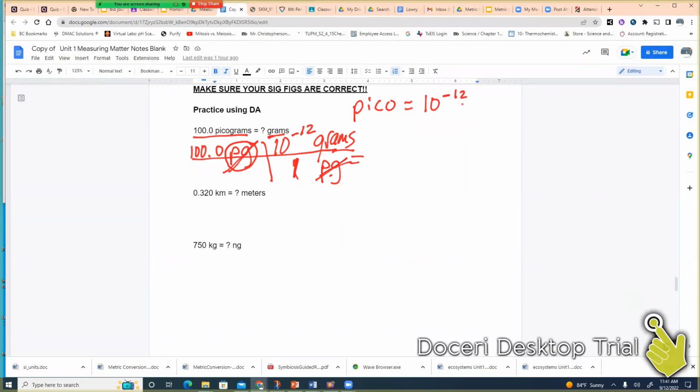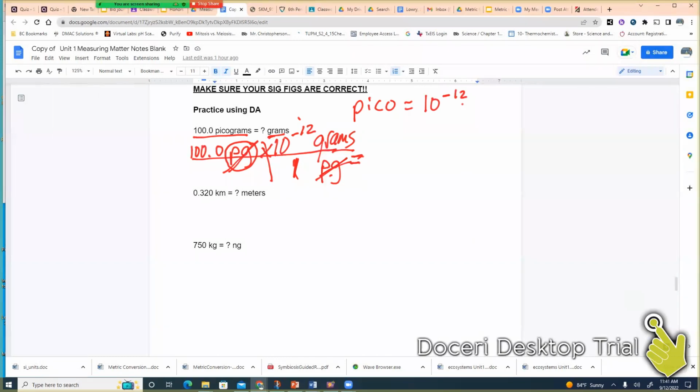So now I'm just ready to put it in my calculator. 100 times, because you multiply across, 100 times 10 to the negative 12. But in this case, it's 1, so it's not going to change it. And probably some of y'all can do that without even putting it in the calculator.